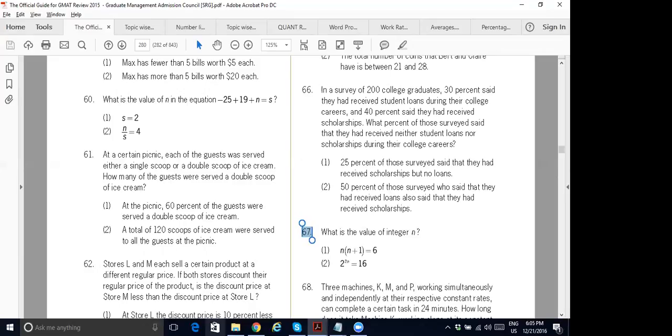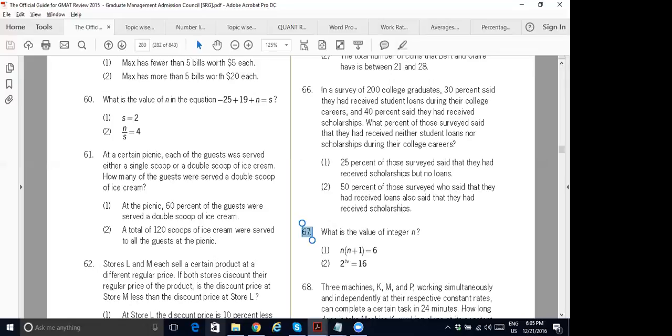Is it D? Okay. So how are you getting D? I'm sure there's like a trick to this one. Obviously, when you solve them both, you know that 2 into 3 is 6.